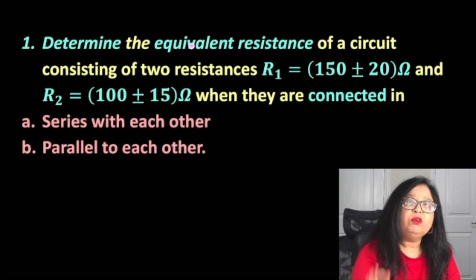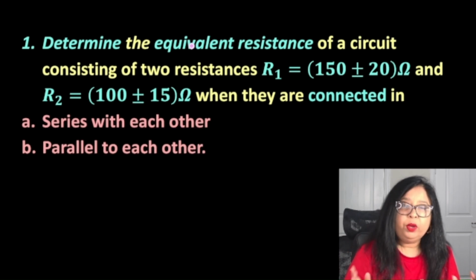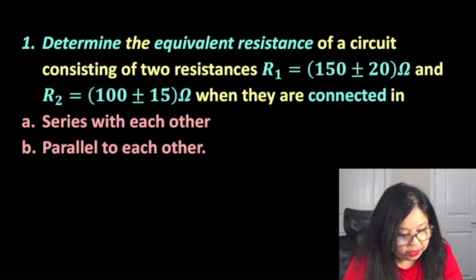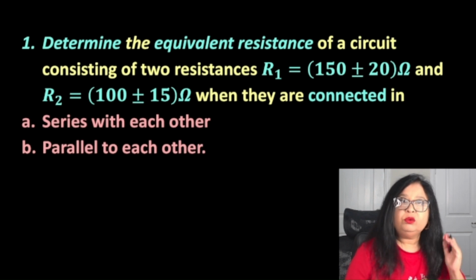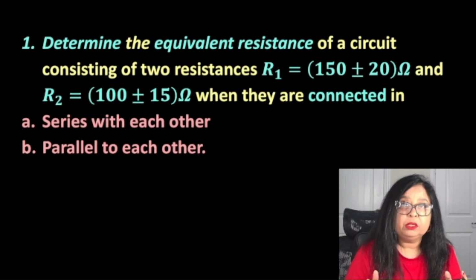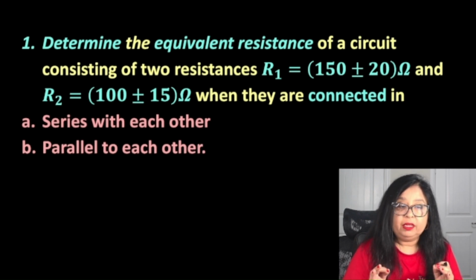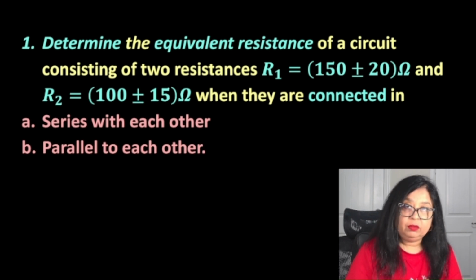So before we solve this problem, very quickly, let's think about what resistance means. I know I said that we do not need to dive into the details of what resistance means. However, the word resistance itself literally means obstruction, resistance to something. It's like opposition. So it is electrical resistance.